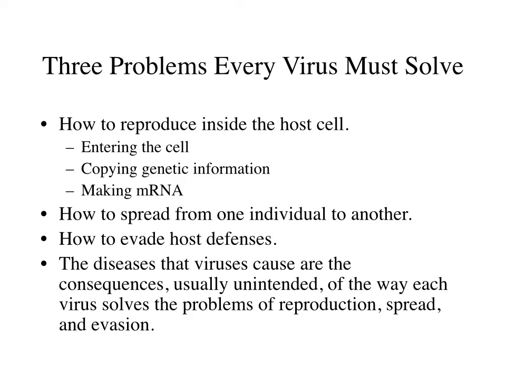If the virus can't move on to another host, another individual, then it's at a dead end. And lastly, how does the virus evade host defenses? The diseases that viruses cause are the consequences, usually unintended, of the way each virus solves the problems of reproduction, spread, and evasion. And that's part of what we're going to look at in this module.